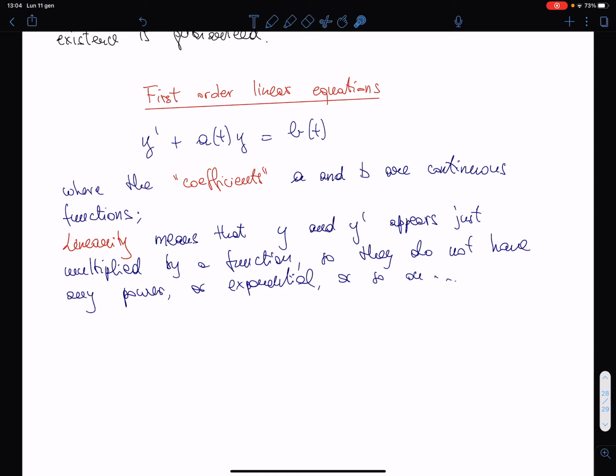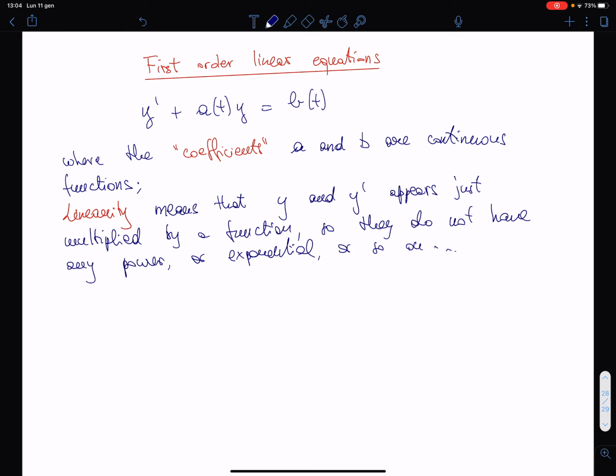Now we have a theorem, which is the following.